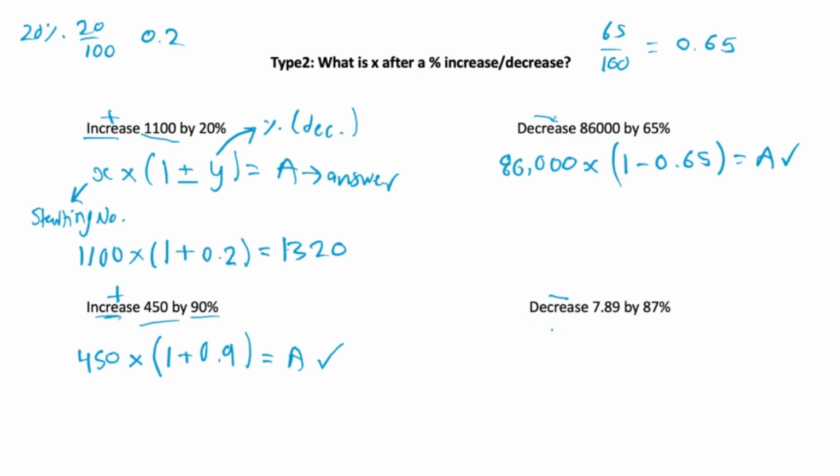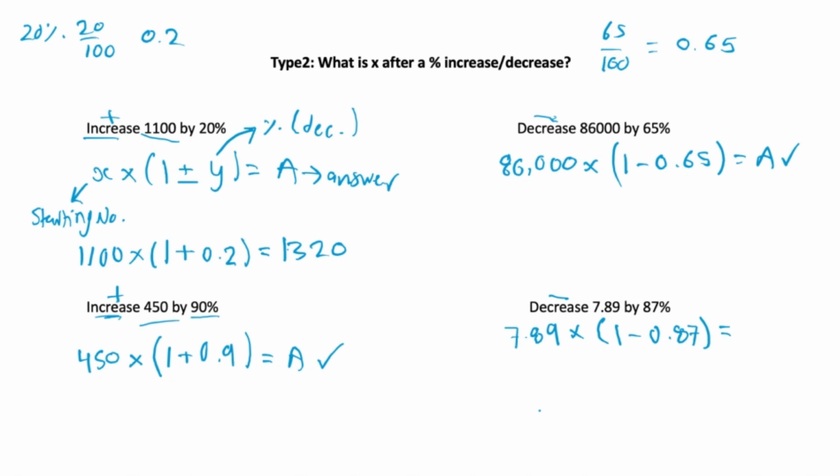Next question. Pause the video and try and do this yourself. See if you can get it right. Alright, so 7.89 times 1 minus 0.87, which is 87% as a decimal.